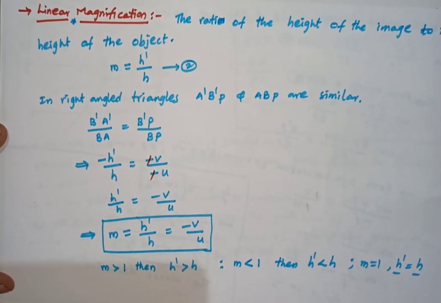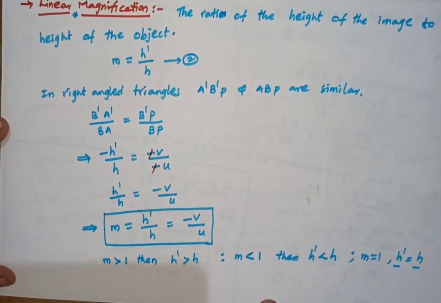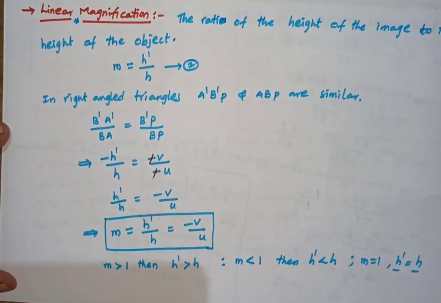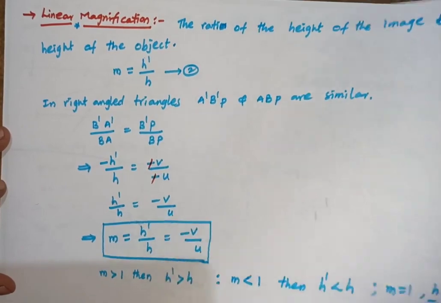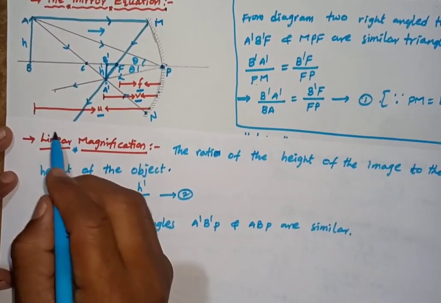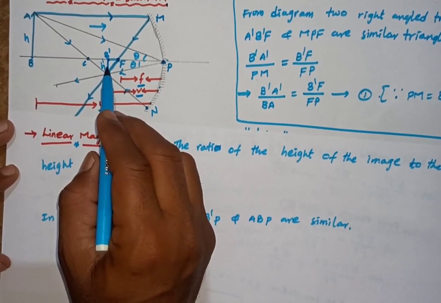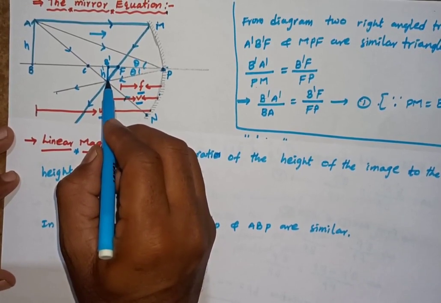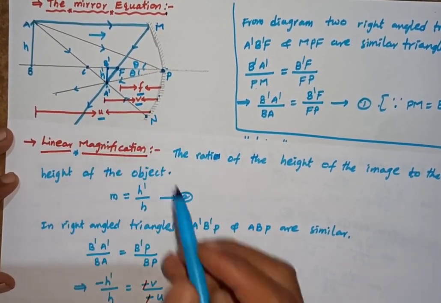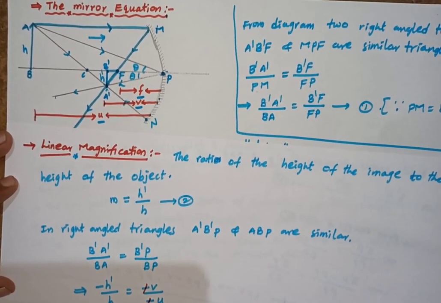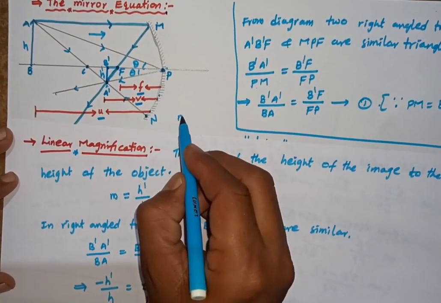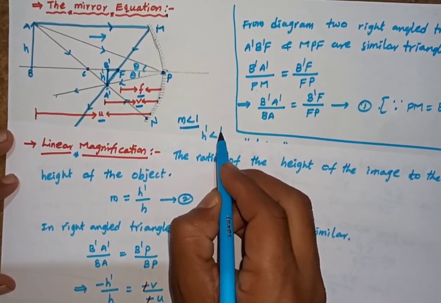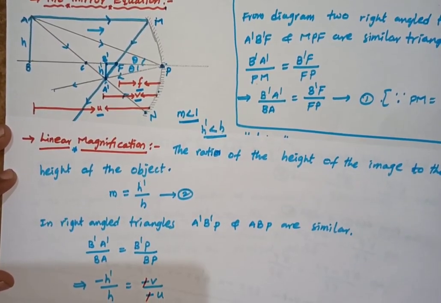So there is no magnification, linear magnification equals 1. Okay, in the above diagram, what is the linear magnification? The height of the image is decreased, so m is less than 1, because the height of the image is less than the height of the object.